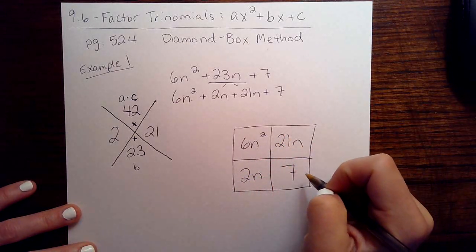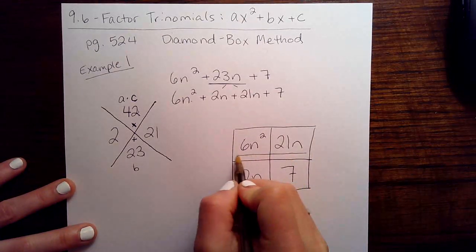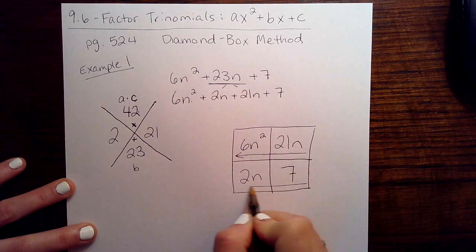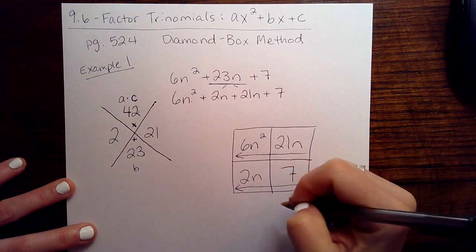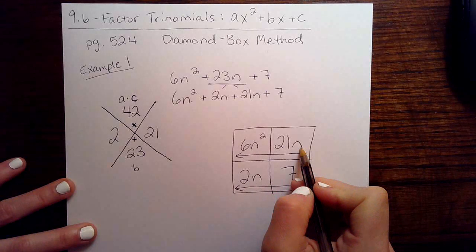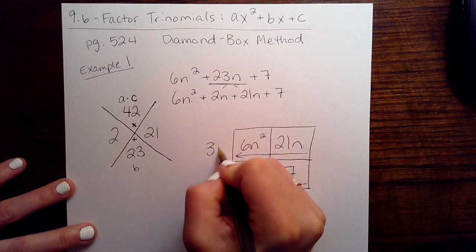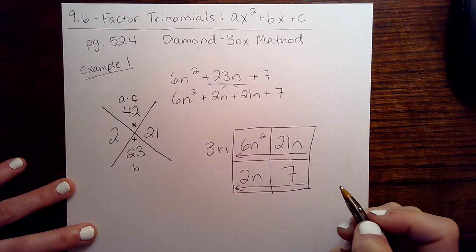This box is going to help us as we factor out. So we look at each row. What factors do they have in common? And then each column. Let's look at each row first. 6n and 21n have n in common. They also have a factor of 3 in common, so 3n.